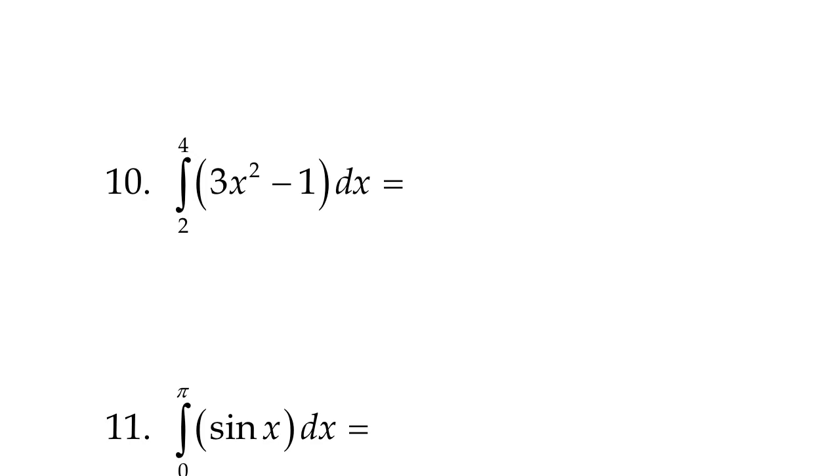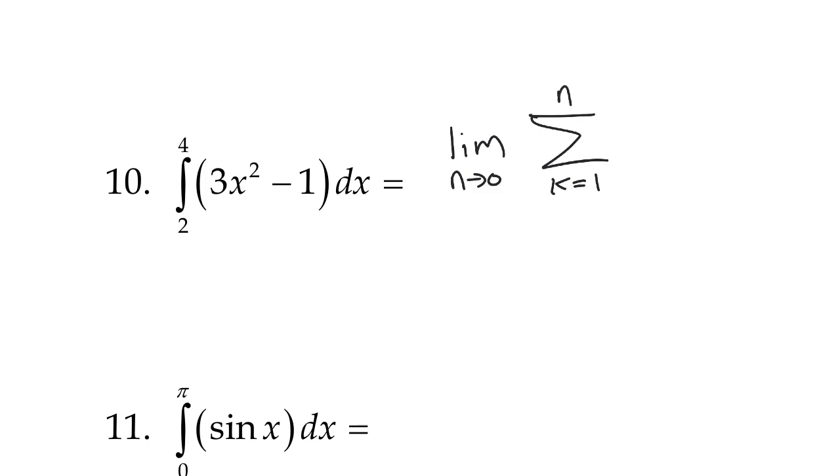So I have the integral from 2 to 4 of 3x squared minus 1 dx. So I need to have a limit as n approaches infinity of the sum from k equals 1 to n.